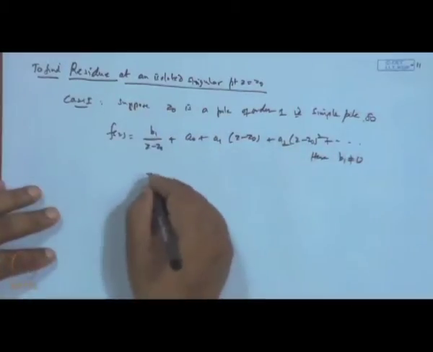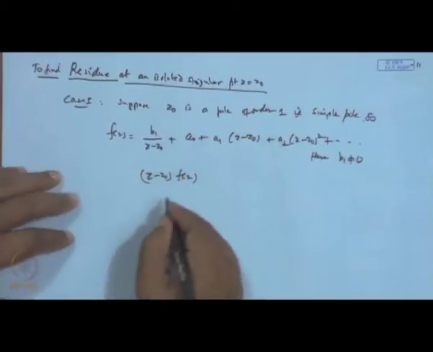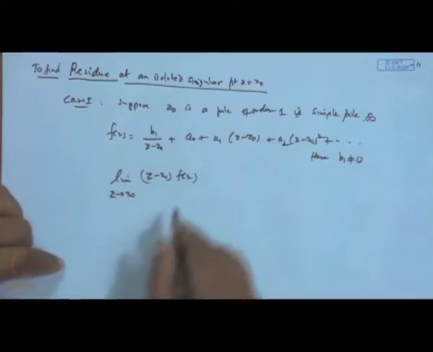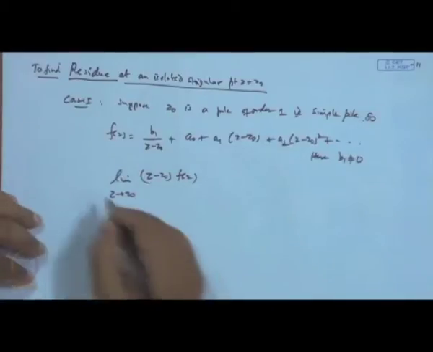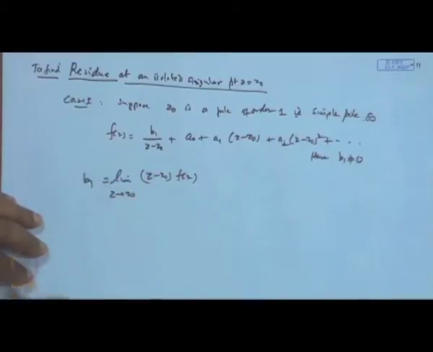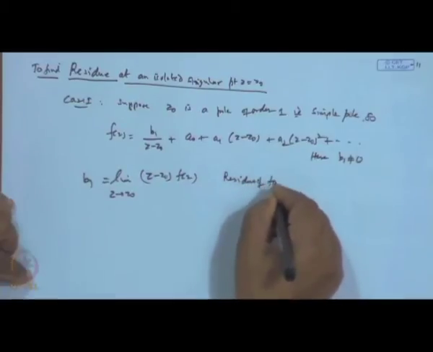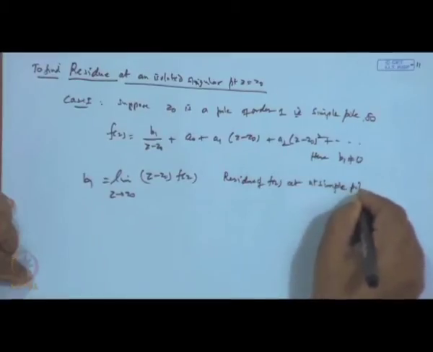Now, multiply the function f z by z minus z naught and take the limit as z approaches z naught. The other terms tend to 0, and we get only b 1. So, that is the residue of the function f z at the simple pole z naught.